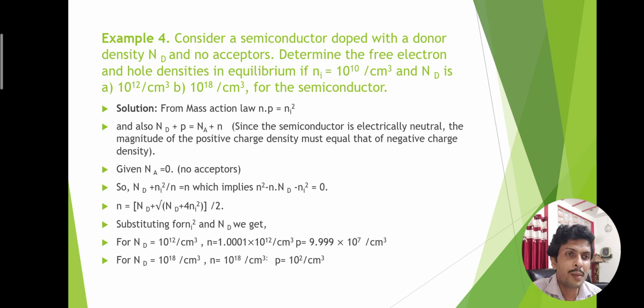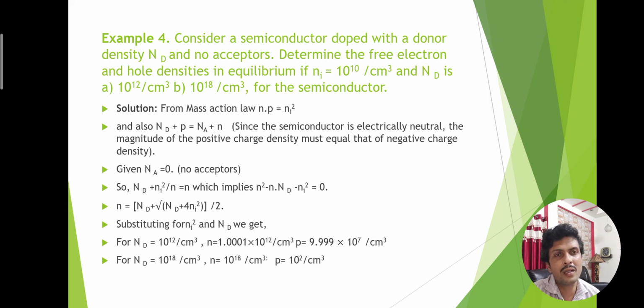Since the total amount of positive charge and total amount of negative charge under thermal equilibrium are the same, Nd plus p is equal to Na plus n. Now since it is an n-type semiconductor, we can ignore the acceptor concentration. Therefore Nd is equal to n minus ni square by n.